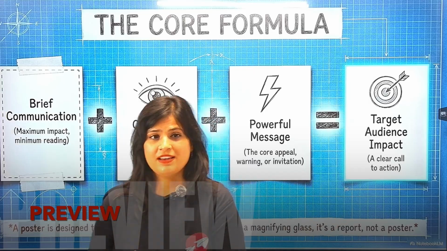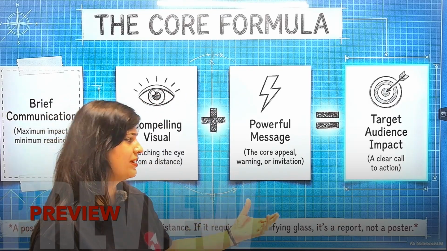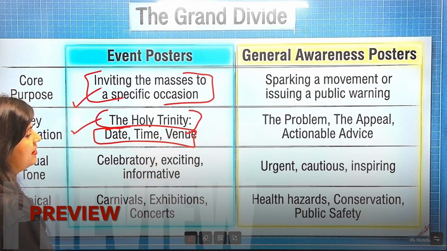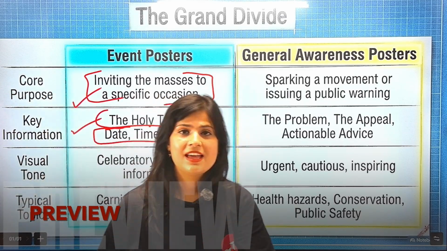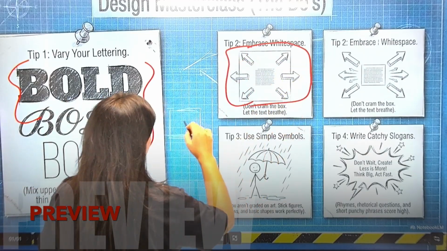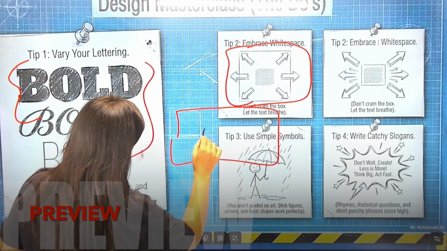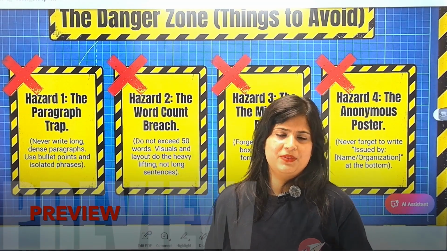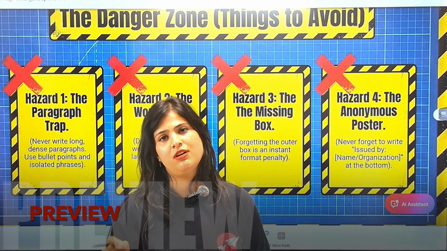If it requires a magnifying glass, it's a report, not a poster. Date, time and venue: let us call it the Holy Trinity. You need to embrace the white space. ऐसा नहीं है कि sheet इतनी बड़ी है and then you are creating poster. This is the most important part of the video: the things that you should avoid.